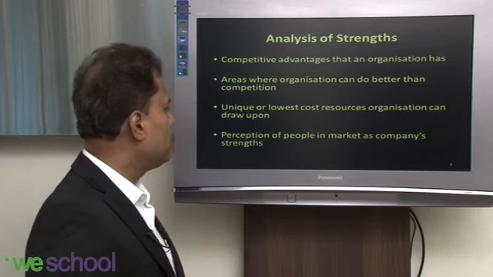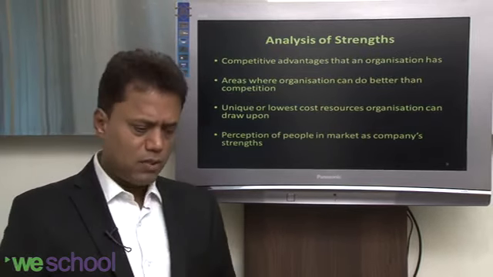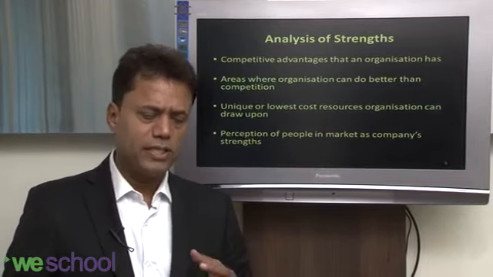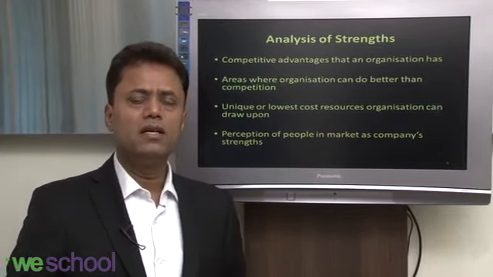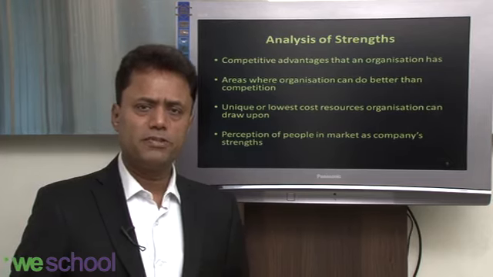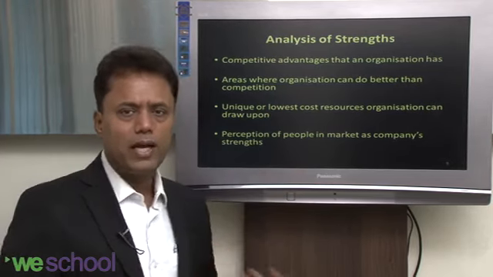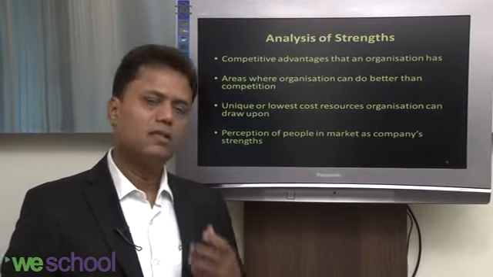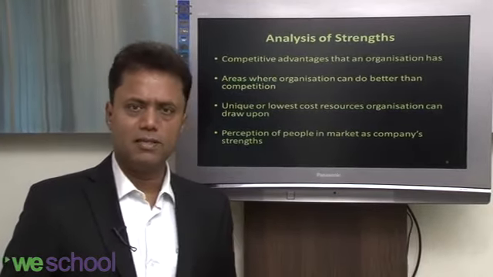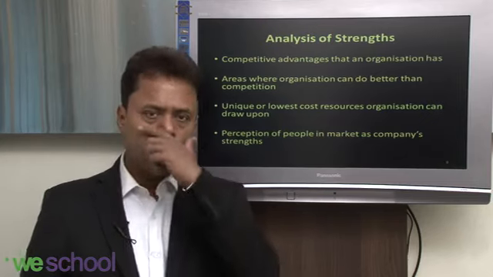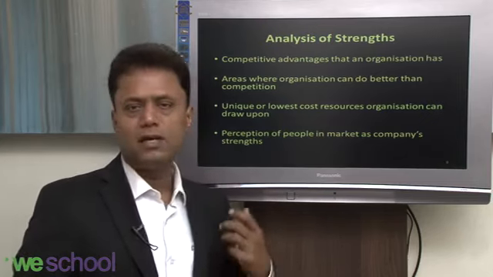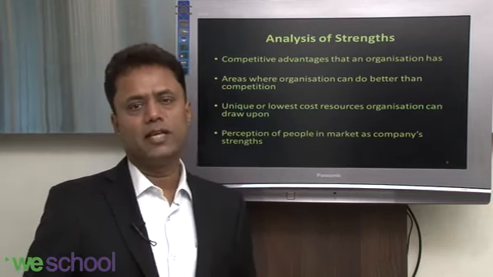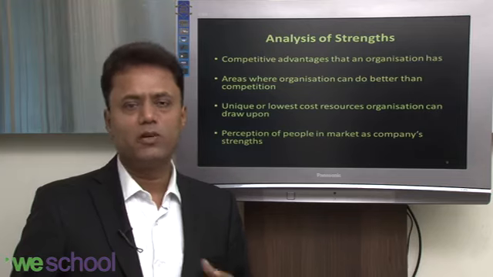Perception of people in the market as company strengths. What does the market perceive your organization to be? What do you stand for? What is your attribute? What is your characteristic in terms of the market perception? Those could be a brand value, where this brand is known for reliability. A Tata brand, for example, is known for trust. If I buy a car from this company, I can rely on it, I can use this car for 5 years, 6 years without any trouble.